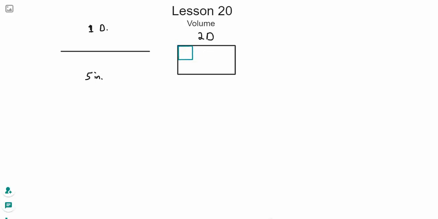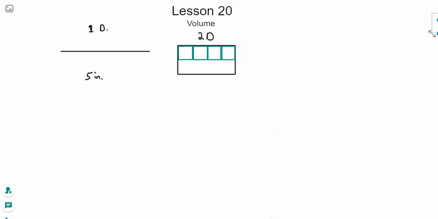So we might throw a 1 in there. Maybe we pull another one over, and maybe we pull another one over. And all we're doing is just trying to keep adding these squares until we've completely filled this shape.